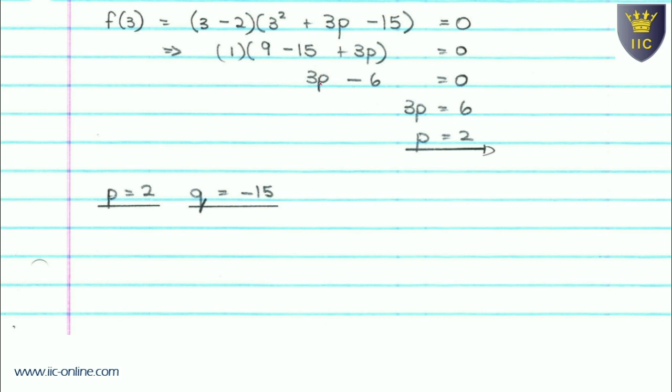And I've written 3p at the front because it's just more elegant maths to have the terms that have variables in them at the beginning of an equation. So we have 3p minus 6 is equal to 0, and we end up with 3p is equal to 6, and p would equal 2. So we have now solved the second part of the problem.